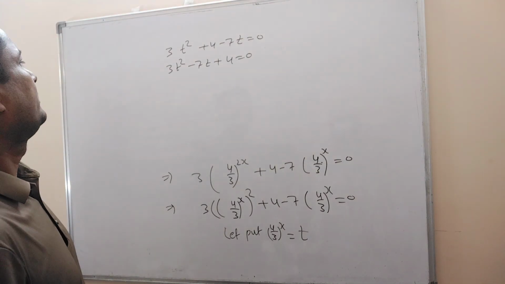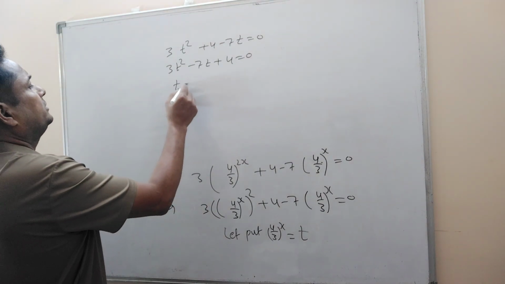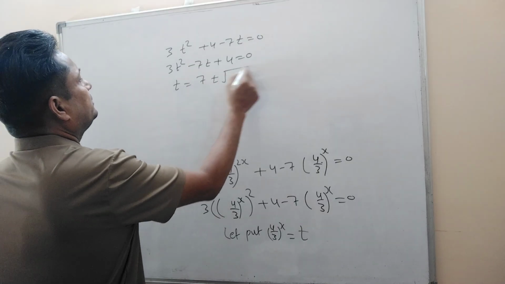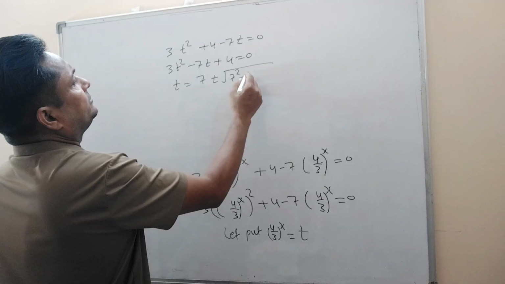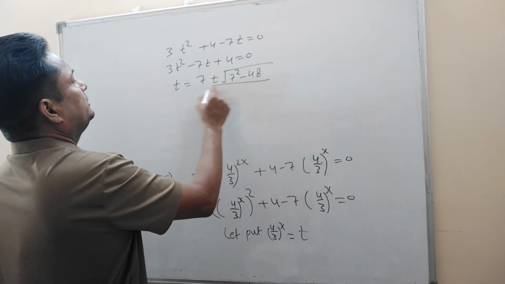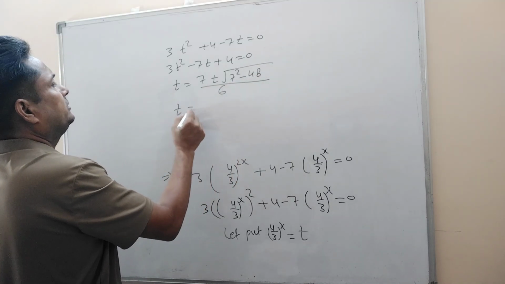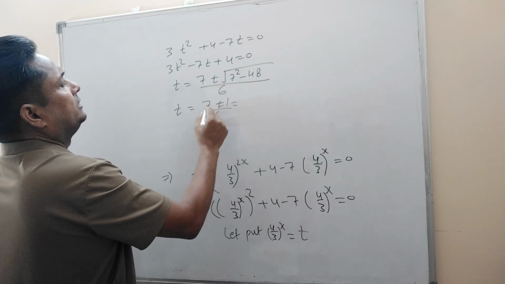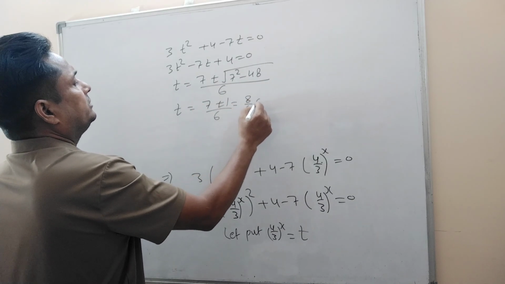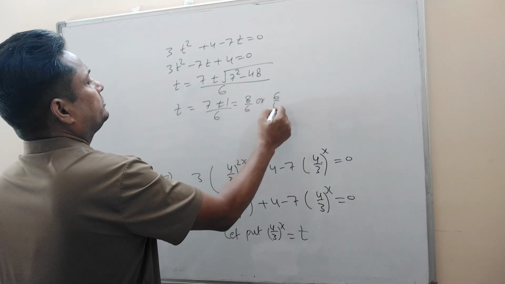0. So t will be how much? 7 plus minus under root of b square minus 4ac divided by 6. So t will be equal to 7 plus minus 1 by 6. So this will be 8 by 6 or 6 by 6.